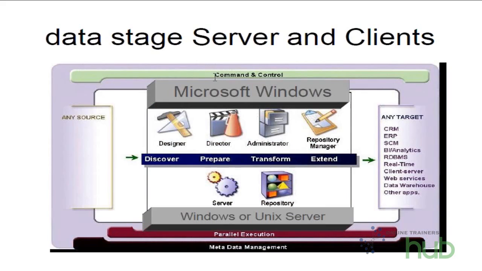Apart from that, if you want to automate this particular job or jobs, then we have a command line client, like dsjob, which can be used within a shell script, and you can call that shell script from third-party scheduling tools, so that we can automate DataStage jobs by using command line utilities.